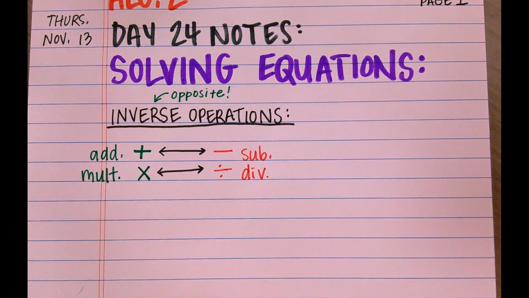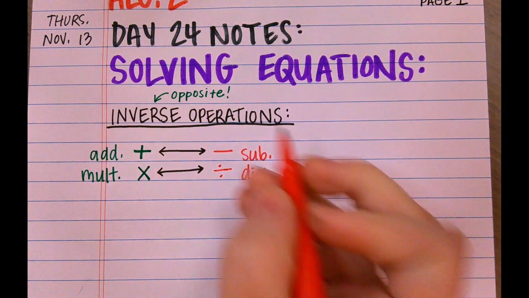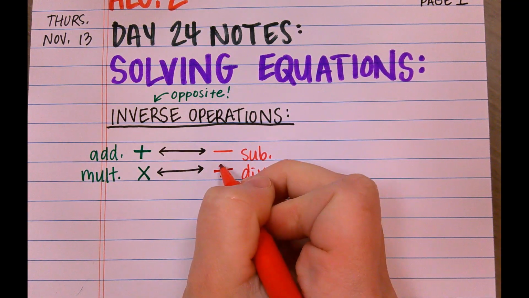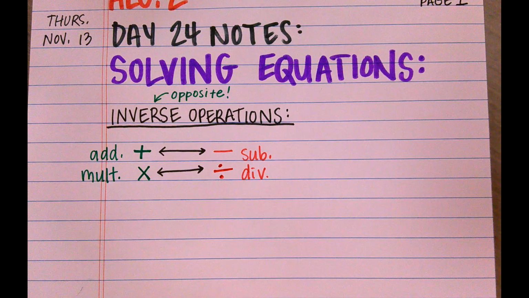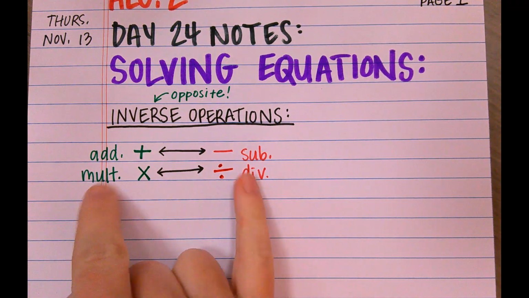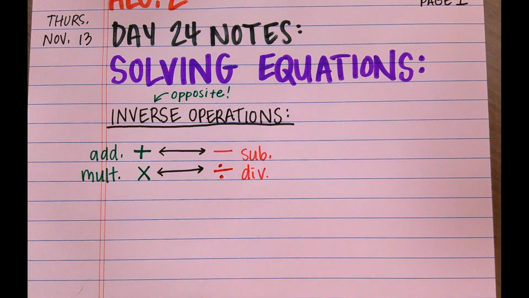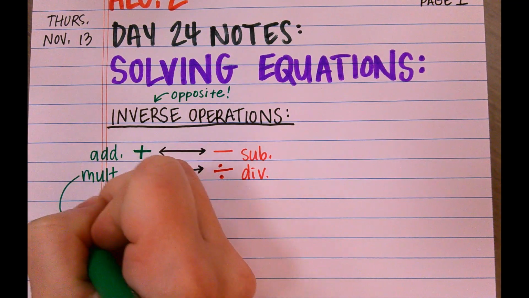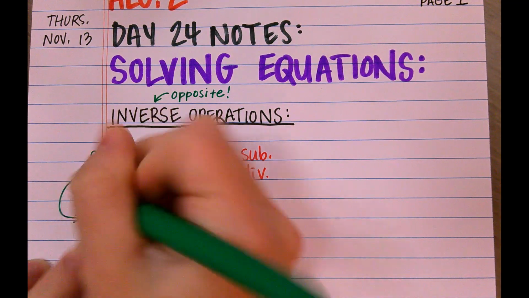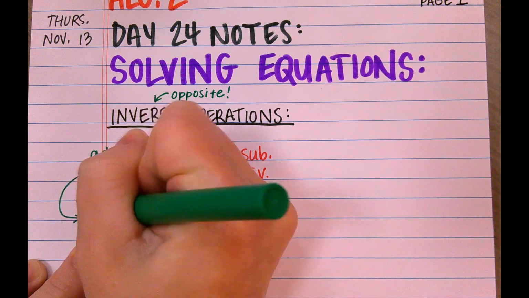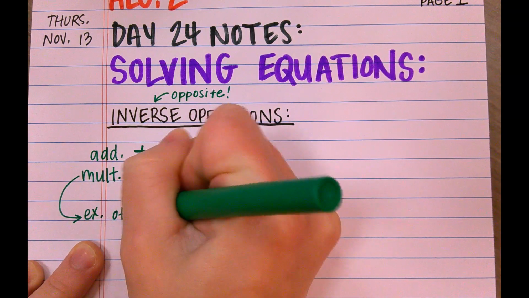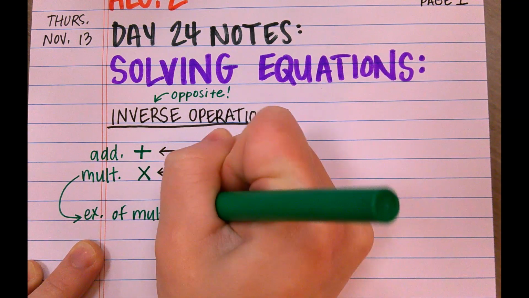So these are the four main operations that we're typically looking at when we solve an equation. The two that can get tricky to figure out what is happening are multiplication and division. Because whenever we have, for example, I'm going to pull an arrow out and write examples of multiplication.